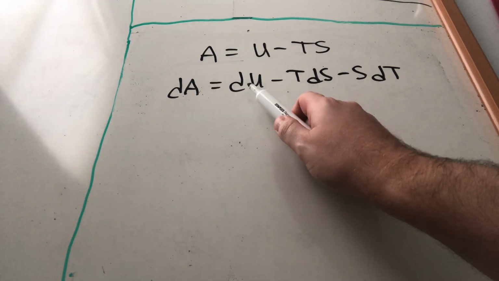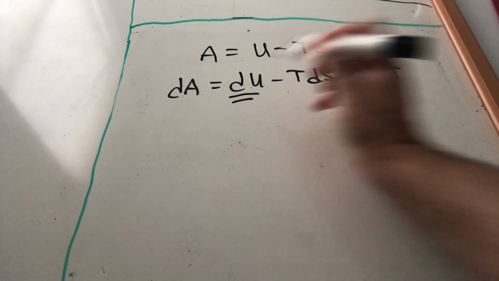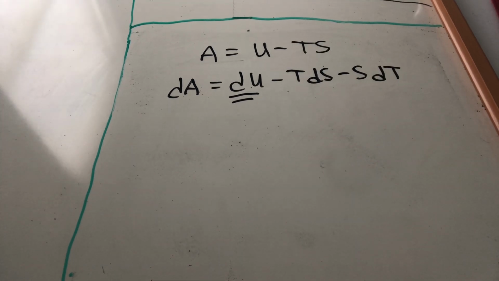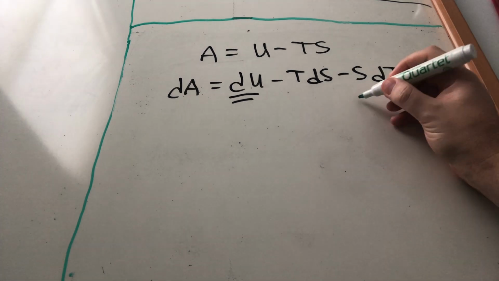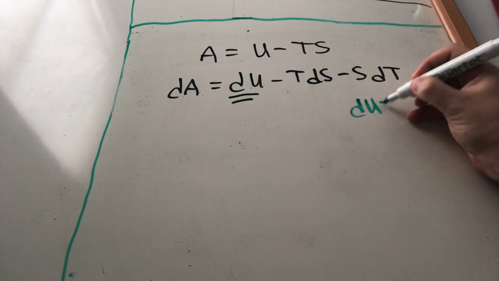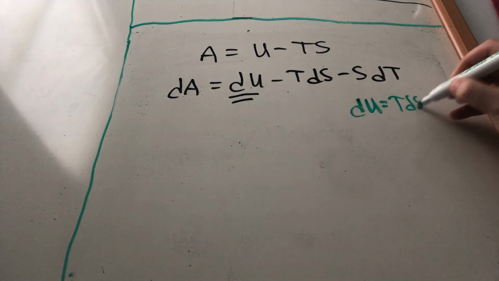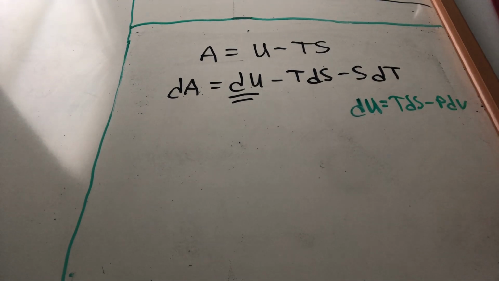But what we do know is we can always trace things back to the combined first and second law. Off to the side, I know that dU is TdS minus PdV. So I can make that substitution in there.